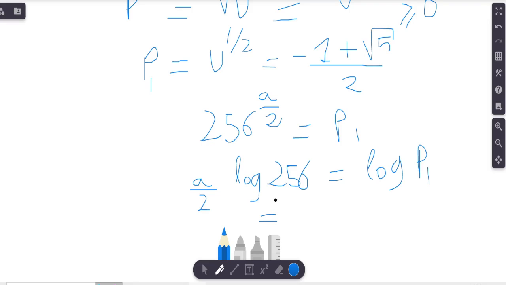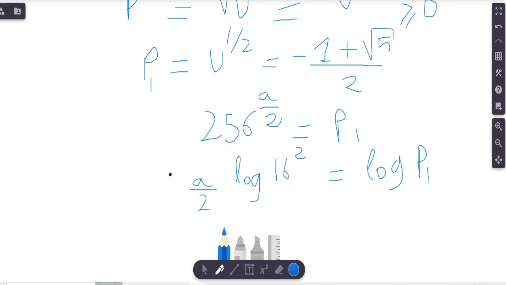Therefore, we can rewrite 256 as 16 squared, and log of 16 squared equals 2 log 16.